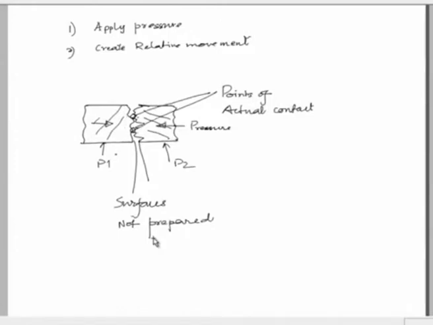At the end of the day, there will be joining, but only at those localized points where the plastic deformation and heat developed because of the applied pressure and relative motion was the maximum, and consequently some portions will remain unbonded, which will lead to defects and failure of the joints.